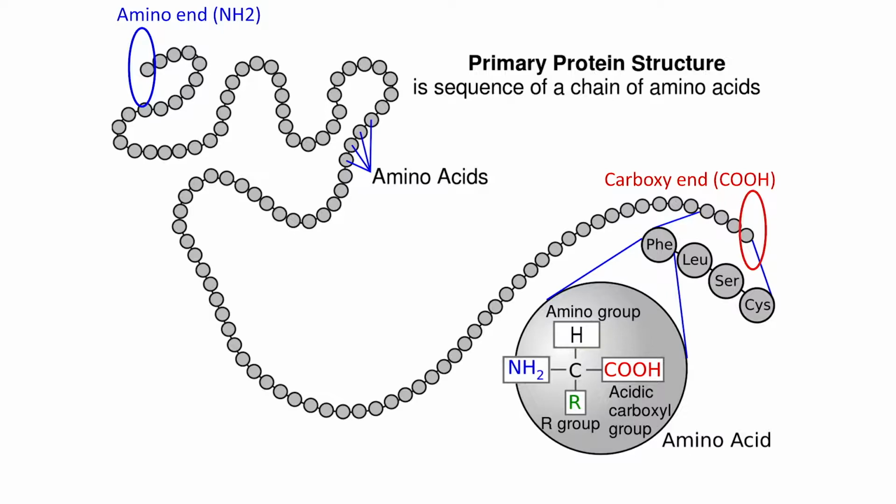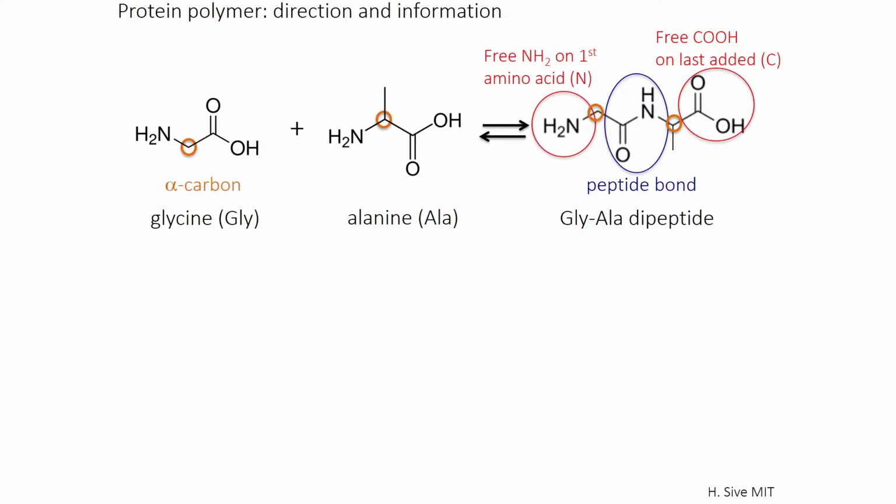The first thing I want to show you is that proteins have two different ends, an amino end and a carboxy end, with the amino acids arrayed between those. And then if we look at the protein polymer, two different amino acids here, glycine and alanine.